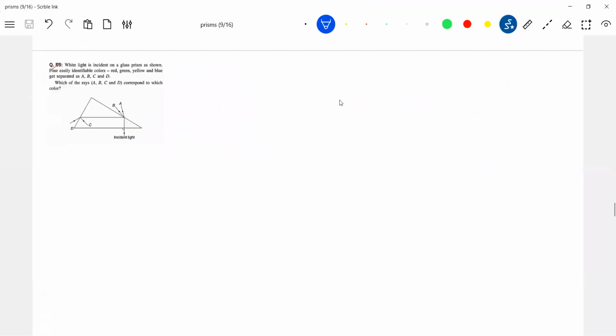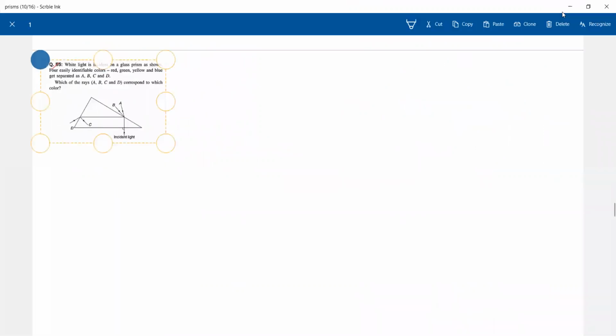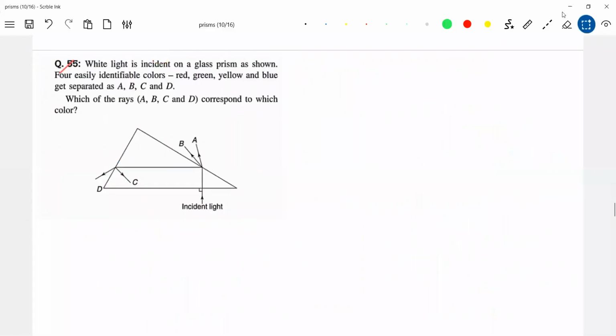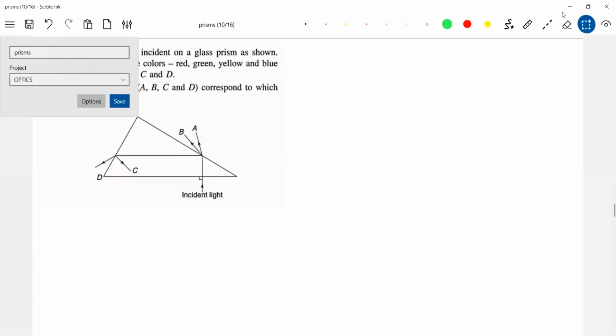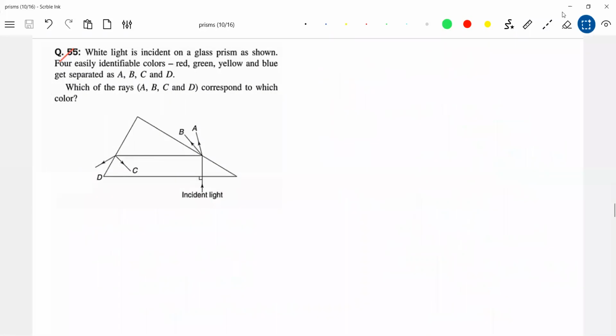Okay, let's take the next one. Read the question. Which of the rays corresponds to which color? So white light is incident. Analyze it.